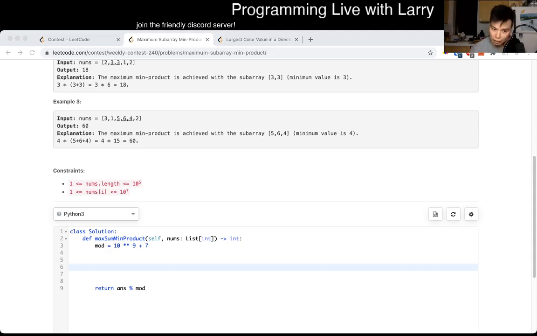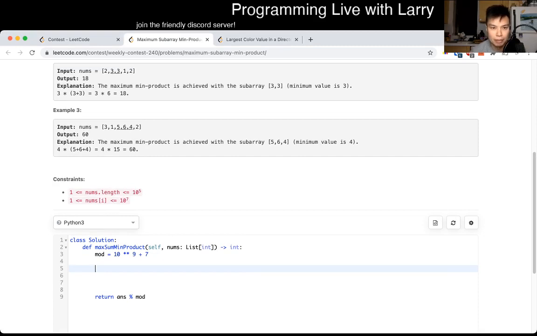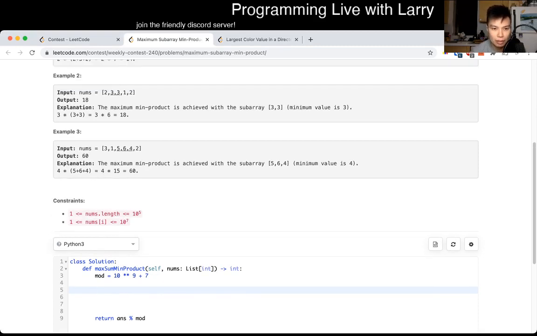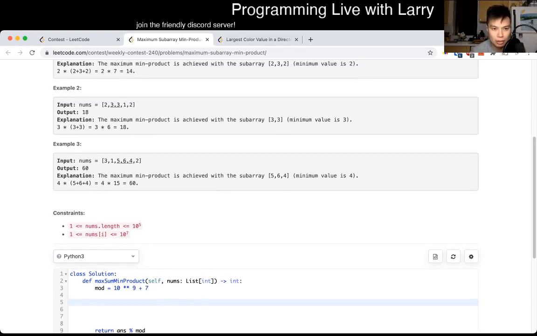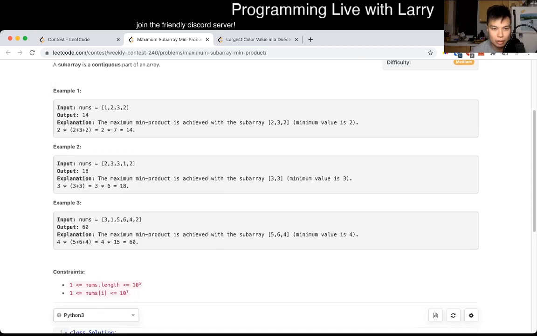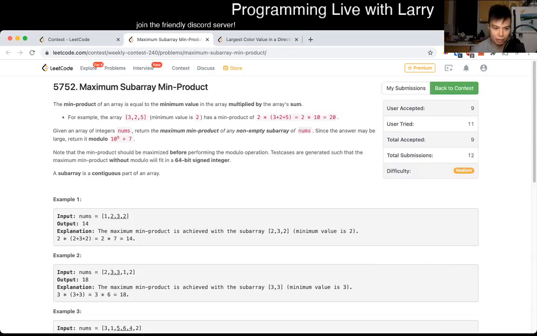I think we just have to get one of those min stacks to the left. How do I do it? This is so annoying to implement though. This could be a Q4, but okay, fine, let's do it.